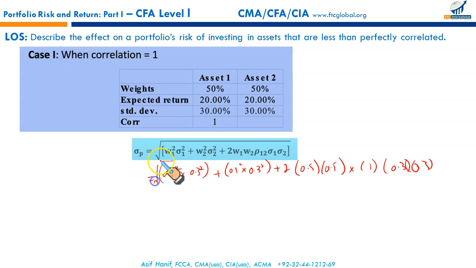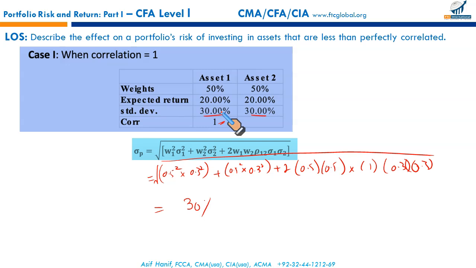So if you simplify all of this, interestingly, you will see that the portfolio standard deviation is 30%. So basically, when the assets have positive correlation of +1, then there is no risk reduction. Portfolio risk is unaffected. It is simply the weighted average of the standard deviation of the two assets. So basically, there is no risk reduction.